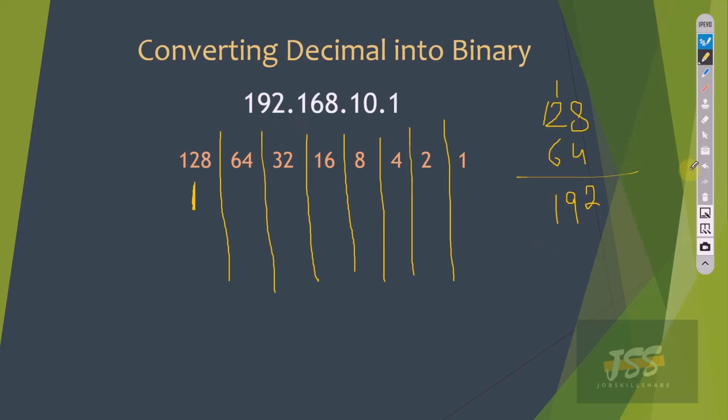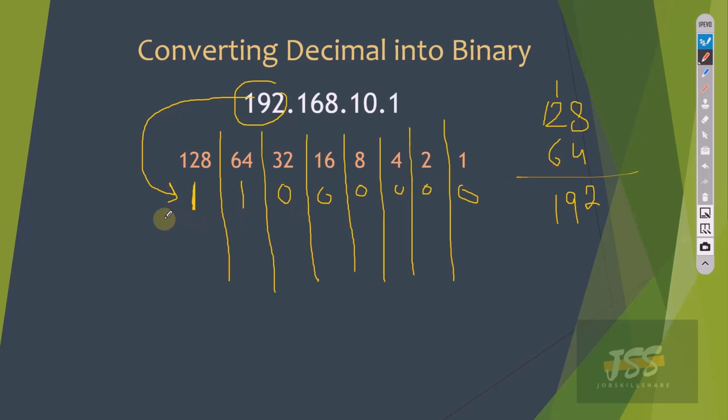It means just by turning on these two bits, the rest will become zeros. So just by turning these two bits on, we make 192. This is the binary representation of 192.